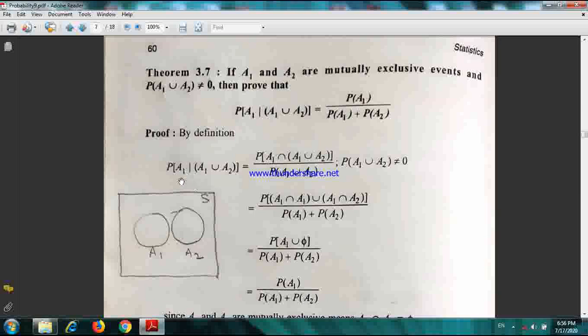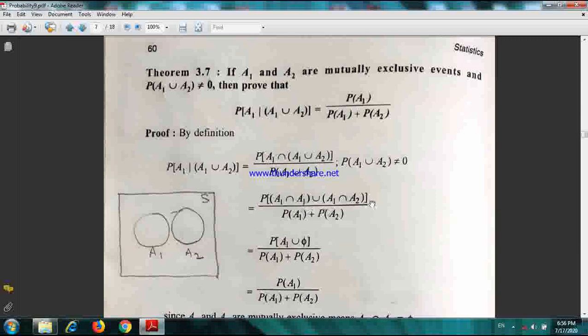Here we apply the definition of conditional probability. Probability A given B means probability A intersection B divided by probability B. So probability A1 intersection A1 union A2 divided by probability A1 union A2. Now what is A1 union A2?